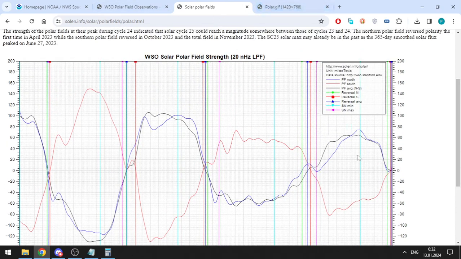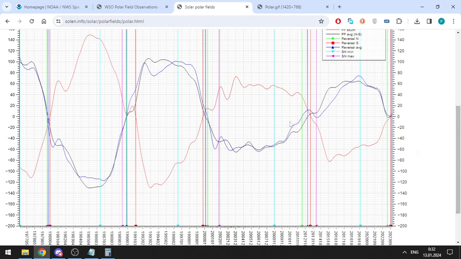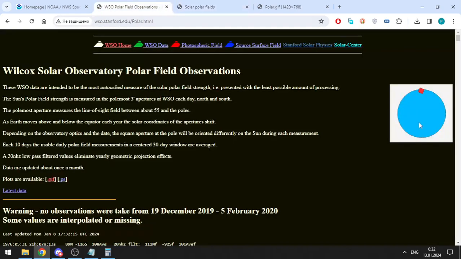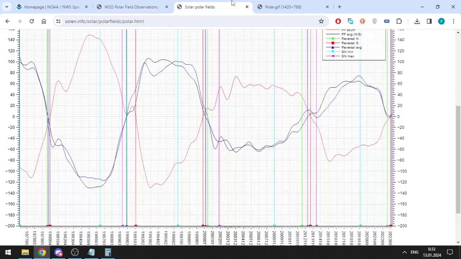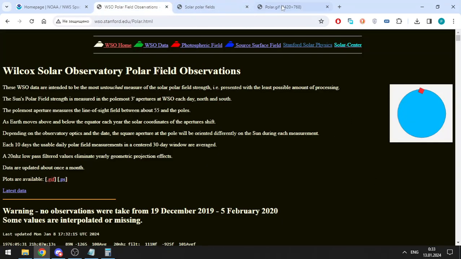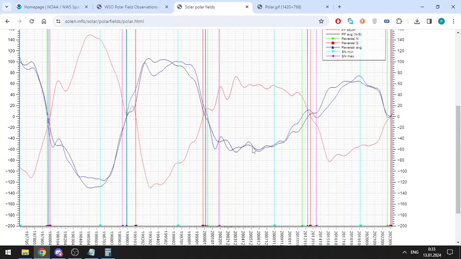All right, and vice versa, when the blue line is down here, it means the lines of force are exiting from the south, right? Likewise, we observe the bottommost 25 degrees in terms of latitude. And if the field lines exit there, then we say the north polarity is sort of negative.